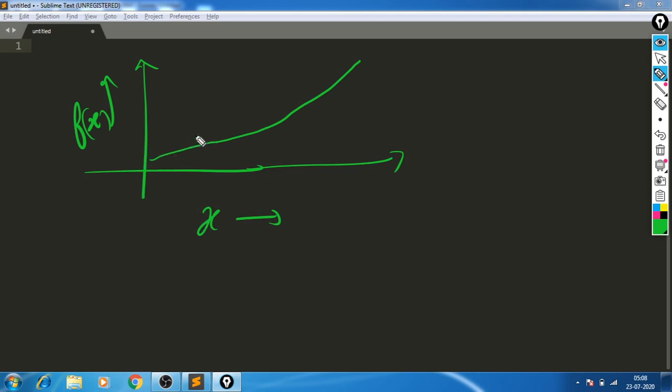Either it does not increase and stays the same, or it increases but it never decreases with the increase in x. Let's say that I wanted to find the point x1 so that f(x1) is equal to y1, right? This is what I want to find.